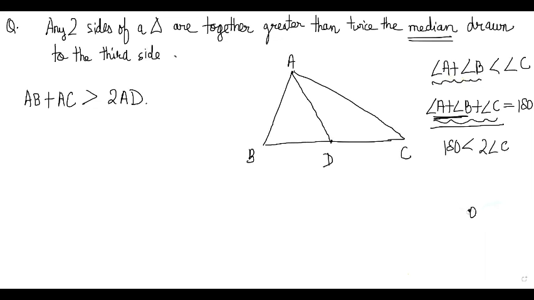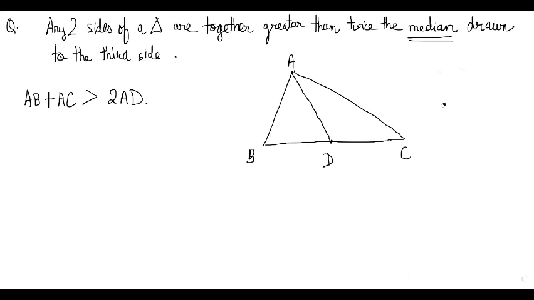What we can say here is that we'll extend this AD and make another triangle where we'll extend it such that DF. Somebody has already said the solution. So we'll extend it to F another point and join this. And we'll prove that this is congruent to this. We'll prove it congruent by SAS congruency.